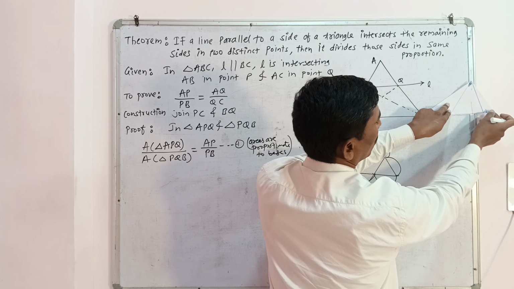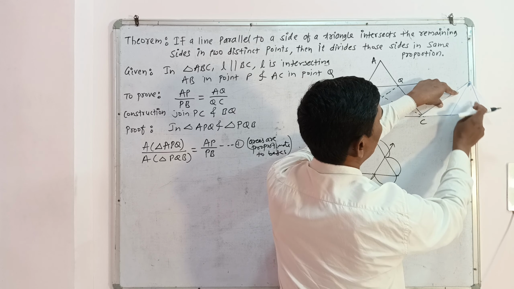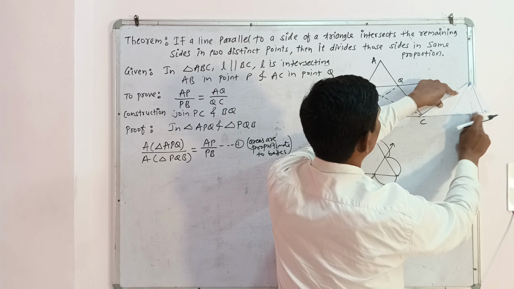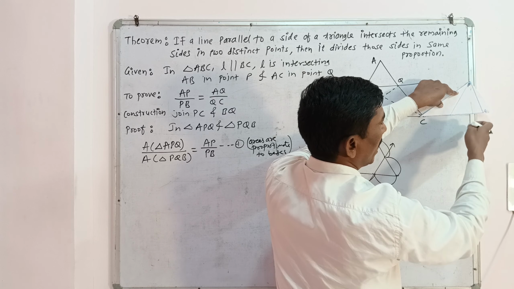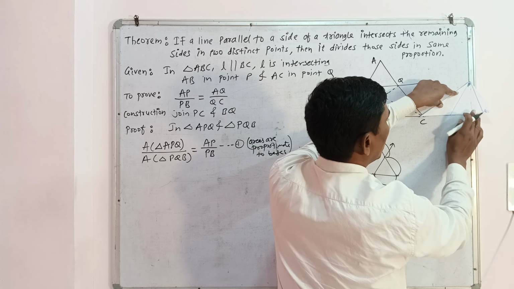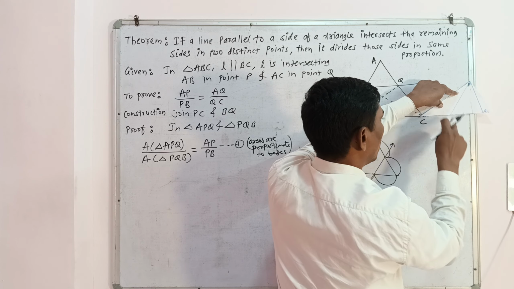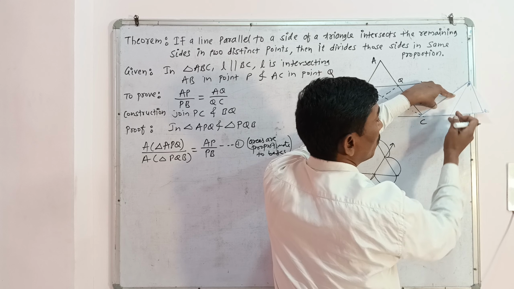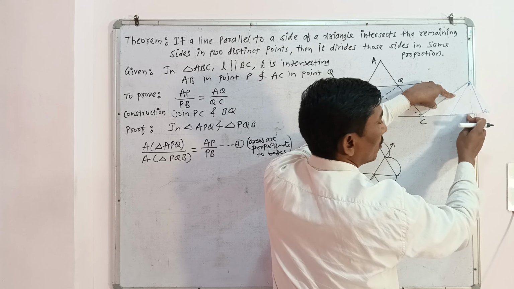So now here also, for the triangle APQ, the base is AQ, isn't it? So AQ will be the base, and it doesn't have a perpendicular height, so you have to draw a height perpendicular to this from point P. Now in the case of triangle PQC, QC is the base, and it doesn't have a perpendicular height either, so you have to draw the height from here.